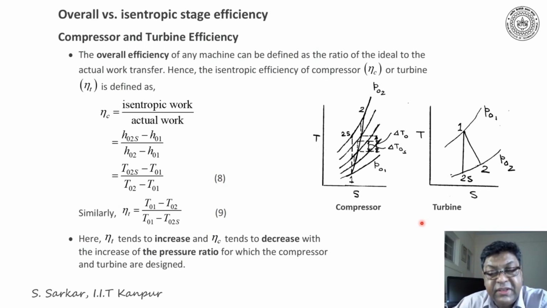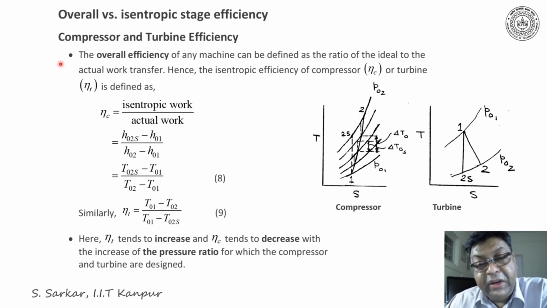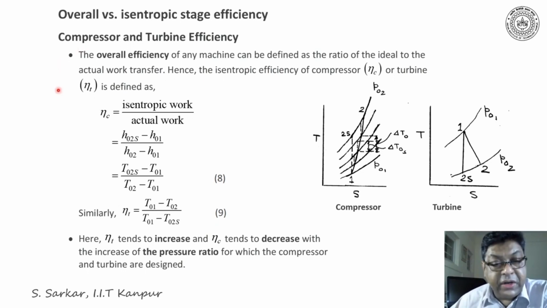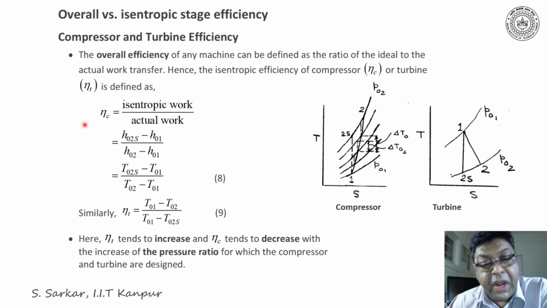Thus, with this discussion, I can now define the overall efficiency of a compressor as the ratio of ideal to actual work transfer. Thus, the efficiency of the compressor, eta C, can be defined as isentropic work transfer divided by actual work.